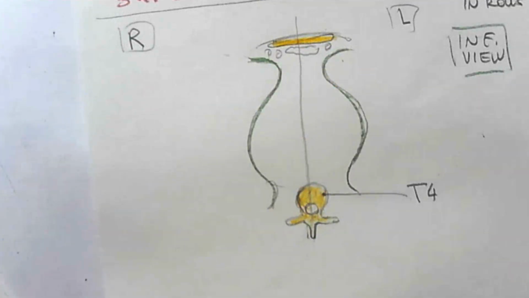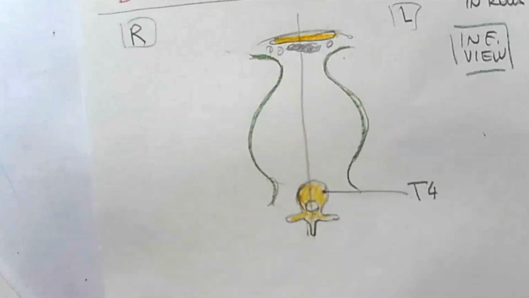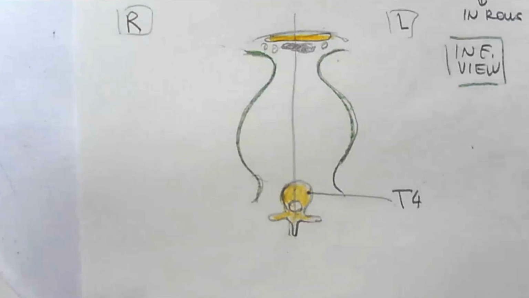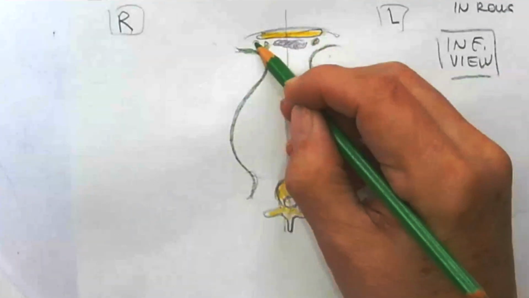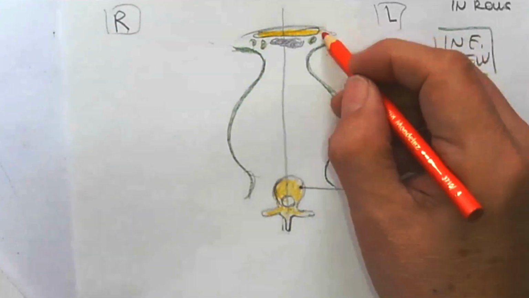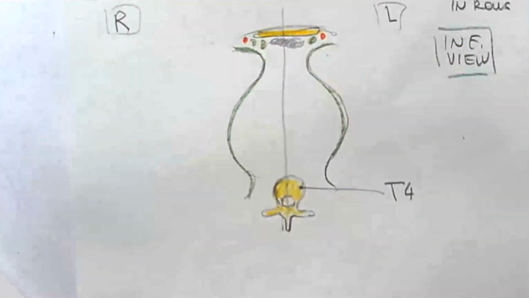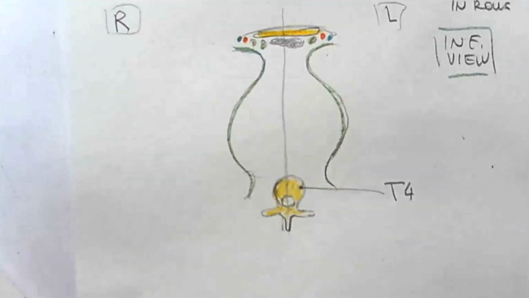Then for the thymus it could be violet, because this is a lymphoepithelial organ. Then light green for the lymph nodes, some of them parasternal, retrosternal. Then red for the important artery and vein, which are called internal thoracic.